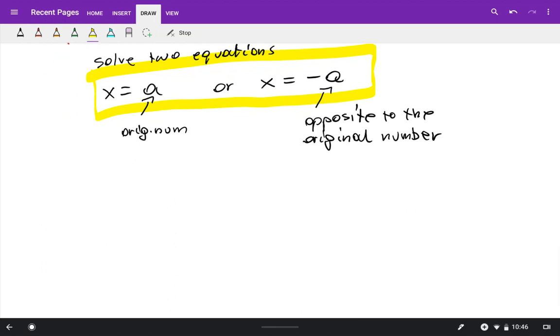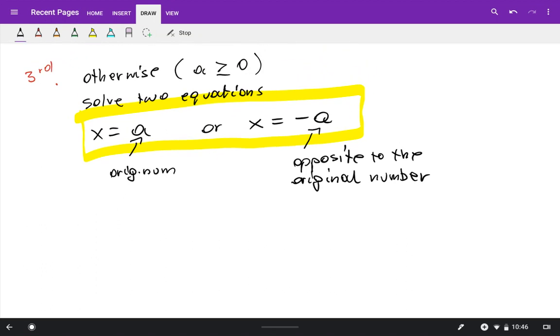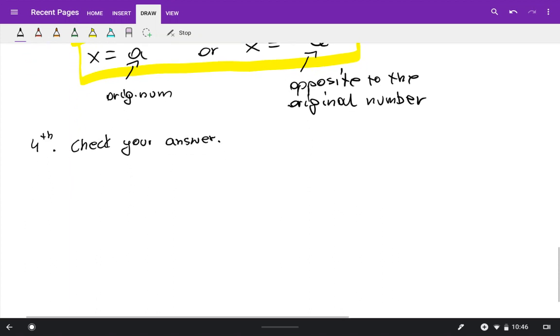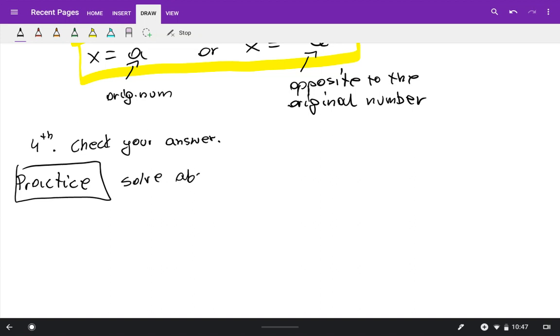Okay, and step 4, which usually I skip, but especially at the beginning, you want to always check your work. So check your answer. Okay, so let's practice. Solve absolute value equations.